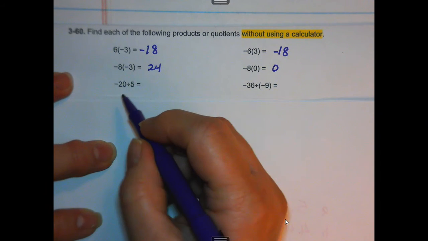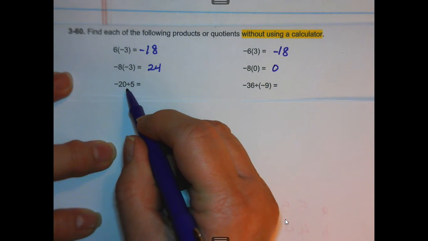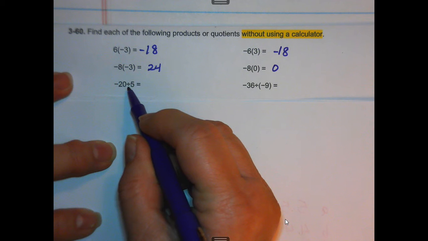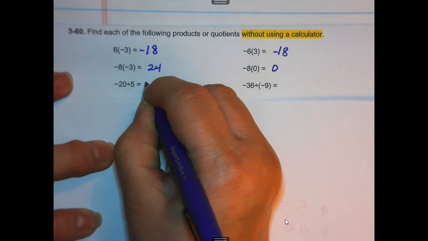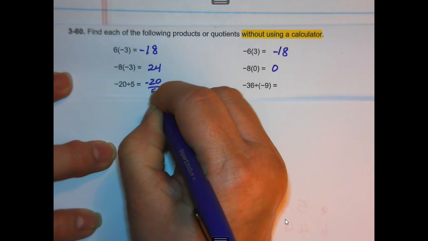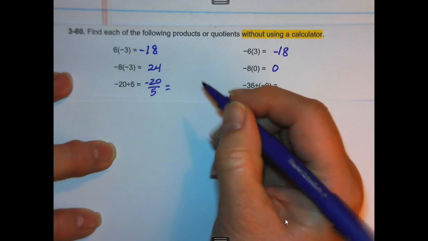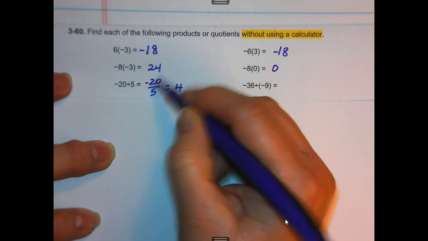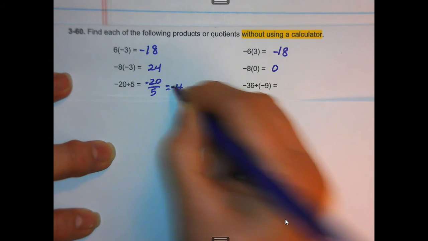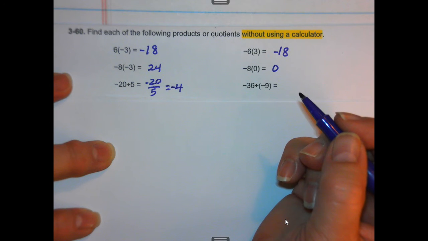This problem here, it almost looks like negative 20 plus 5, but it's negative 20 divided by 5. I could rewrite it like this, and that would be 4. And because one of these two numbers is negative, because they're different signs, the answer is negative.